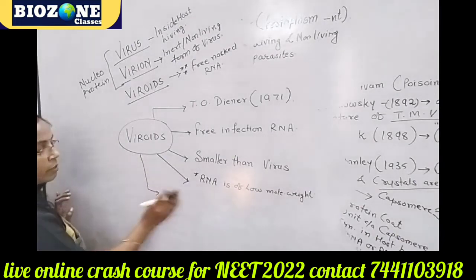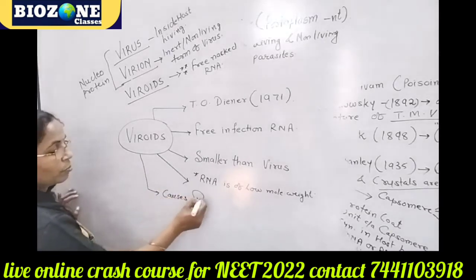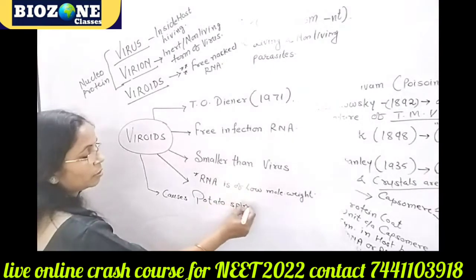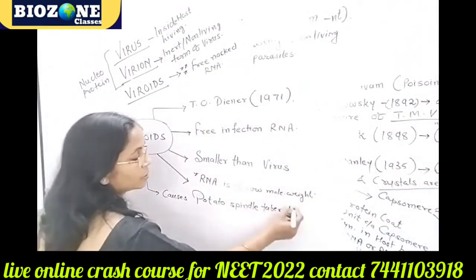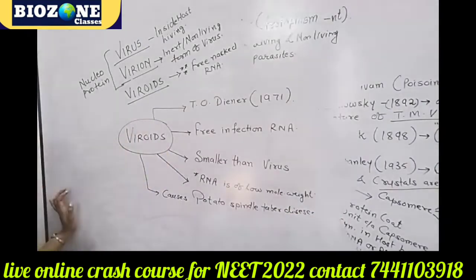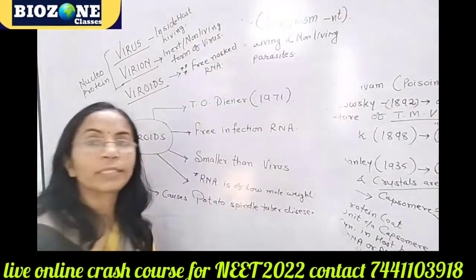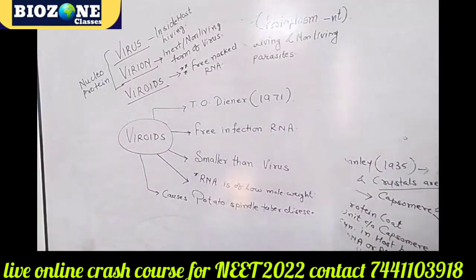And then after viroids के लिए आप study कर रहे हैं causes potato spindle tuber disease. So these 5 statements you have to remember for the viroids. Okay? तो ये पार्ट यहाँ पे याद रखेंगे viroids के लिए.